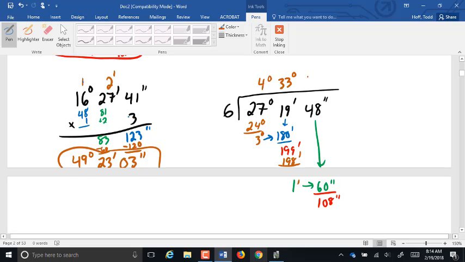Six goes into 108 18 times. So this should have been 33 minutes. This will be 18 seconds. Nothing left over. So 4 degrees, 33 minutes, 18 seconds.